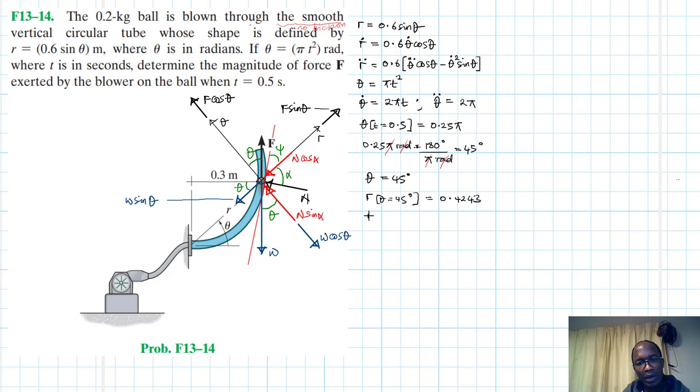And then our r dot, at theta equal to 45, is just going to be equal to... what do we get? r dot, 0.6.